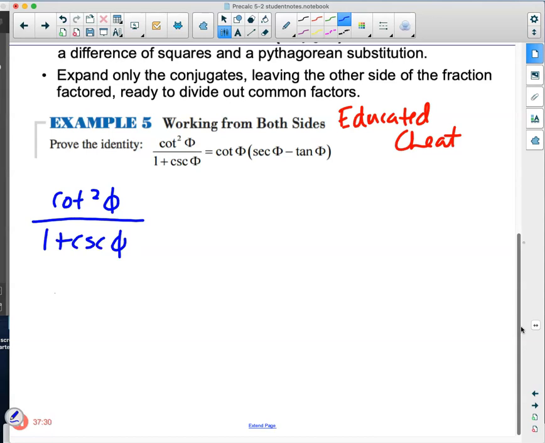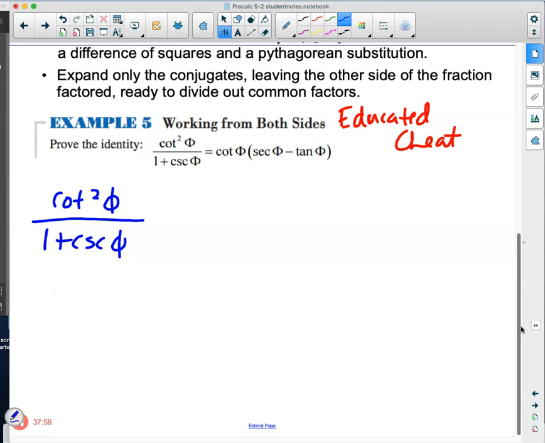All right. So we need to figure out what on earth we're going to do with this. And there is a cotangent theta on the other side, but there's also secant and tangent. So what's the go-to? Well, we have this 1 plus cosecant of phi down here. Would not be a bad place to start. We also see we've got this cotangent squared of phi up there.